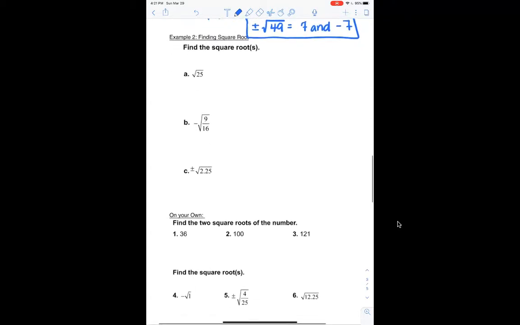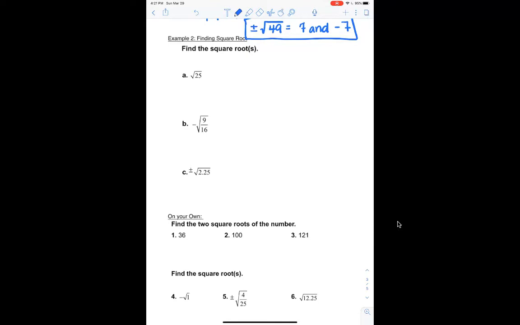Let's look at these examples here. So here it just says find the square roots. Okay? So letter A, el raíz cuadrado de 25. Well, if I think about it, yo sé que 5 por 5 me da 25. Okay, so the square root of 25 is 5.